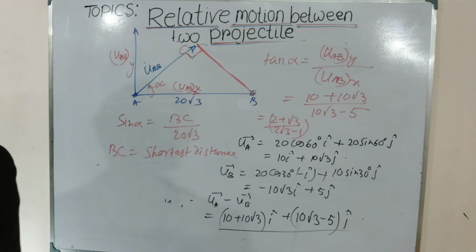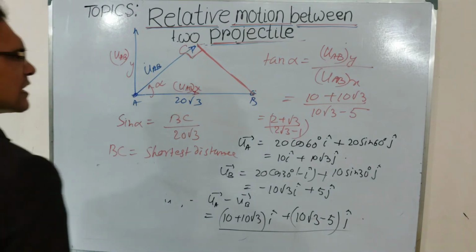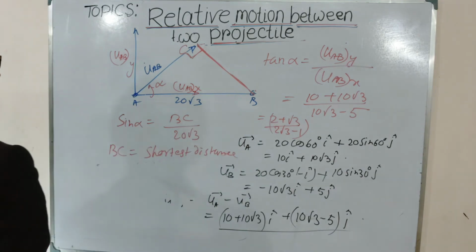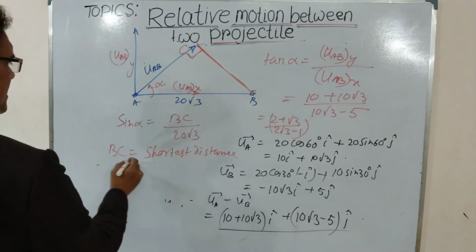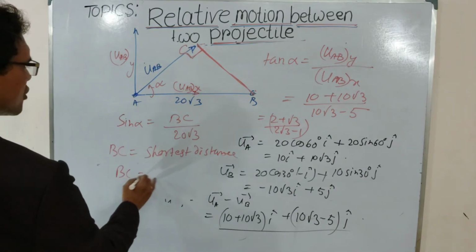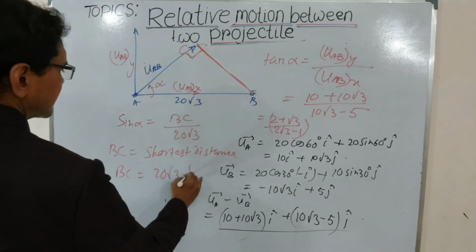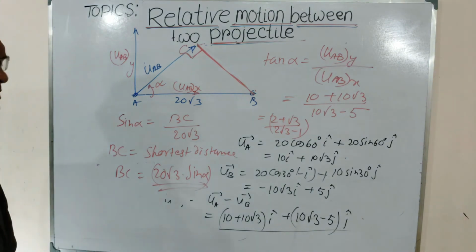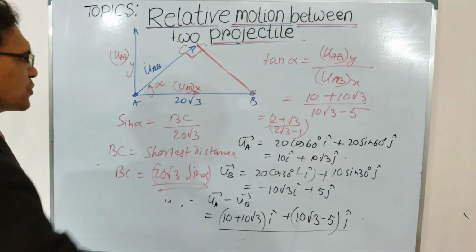From that we get this. Tan alpha equal to this, and from this we get sin alpha. So we get the shortest distance BC equal to this. That's how we find the shortest distance.